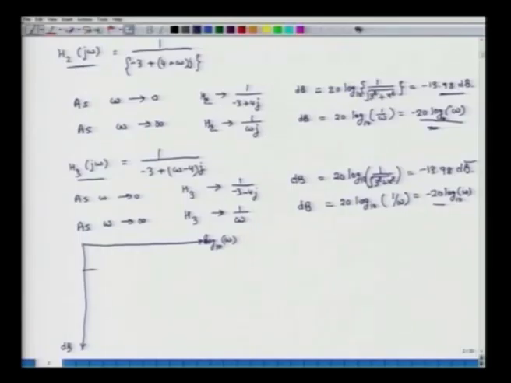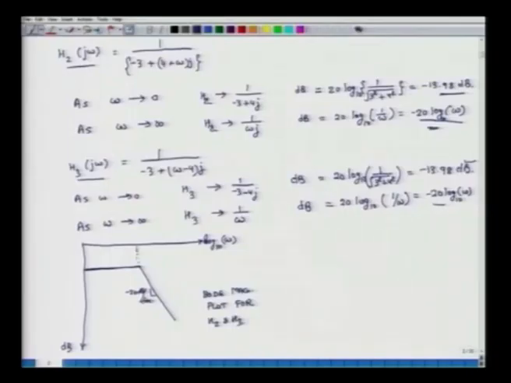I am doing a Bode magnitude plot for H2 and H3 because they are the same. My low frequency asymptote is once again a horizontal straight line. My high frequency asymptote is a negatively sloped line, and the slope of this is minus 20 decibels per decade.